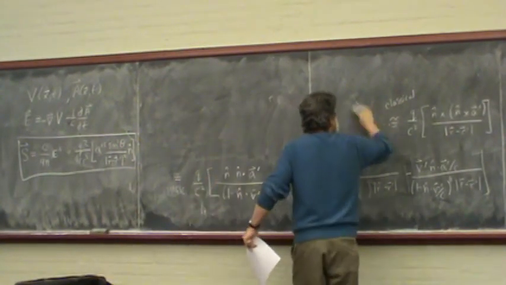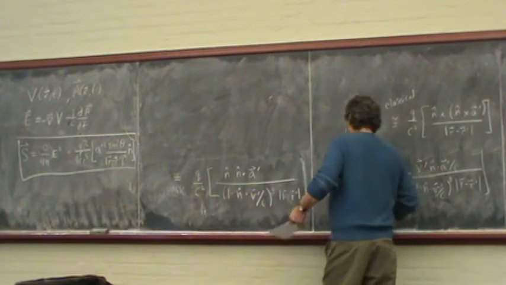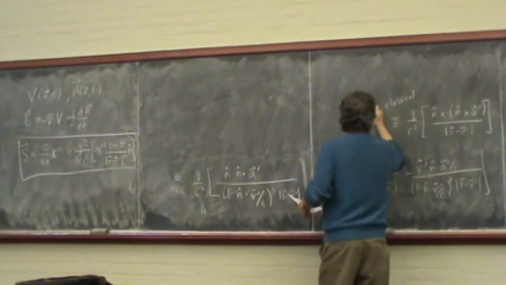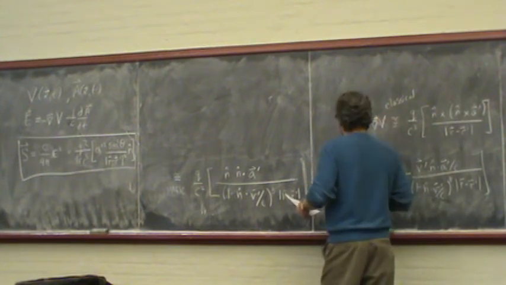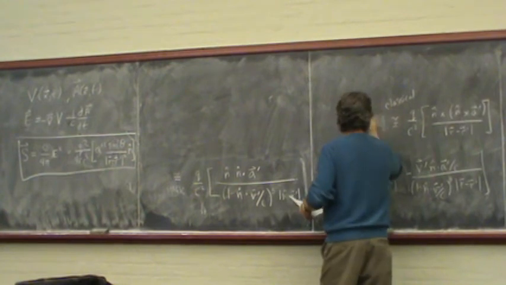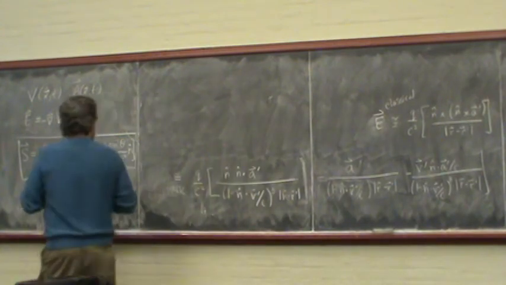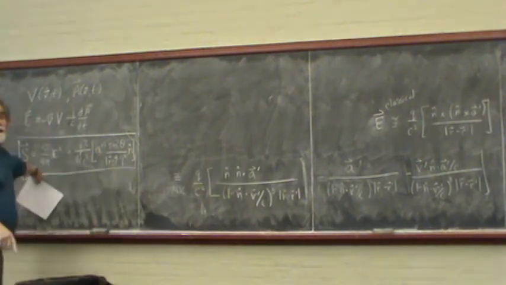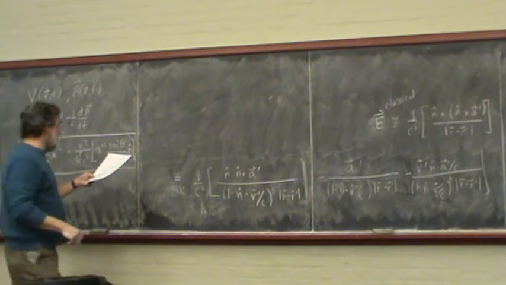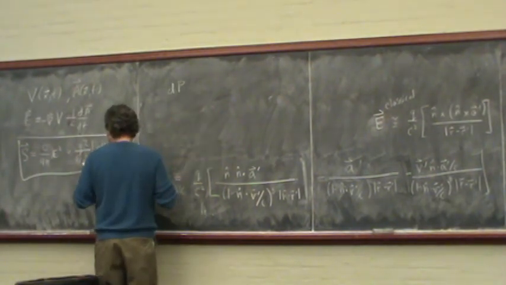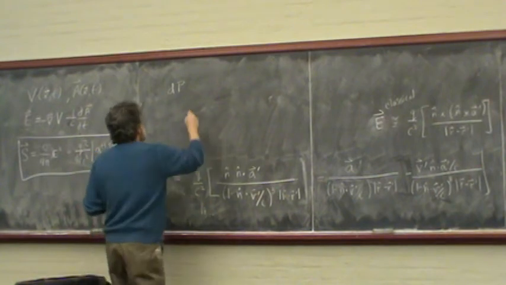If I want to know the power that's emitting, then the power per unit area is the Poynting vector.